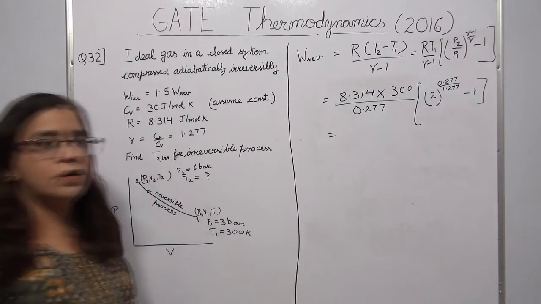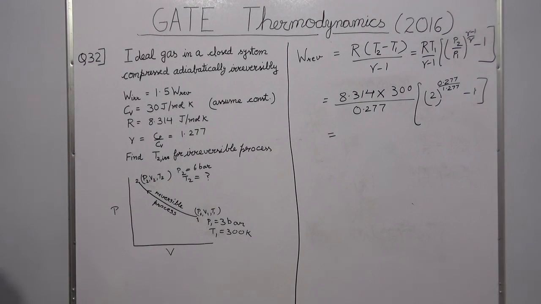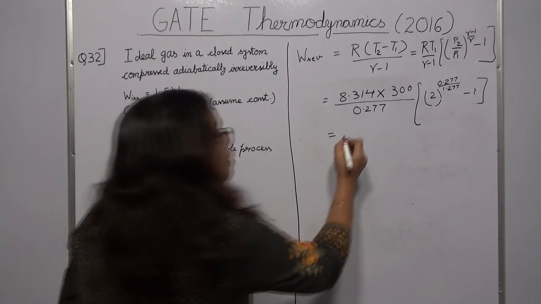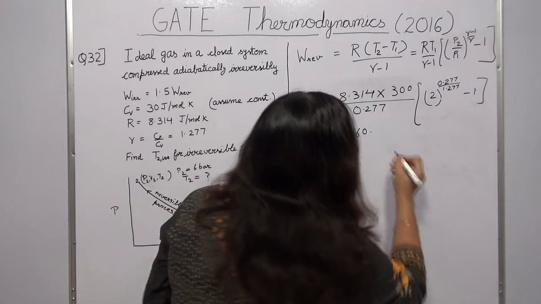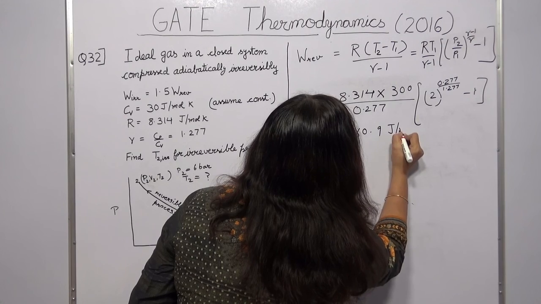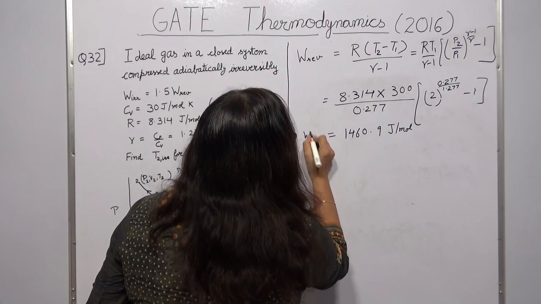So in one step, you should be able to calculate the reversible work which is done, and its value comes out to be 1460.9 joules per mole.